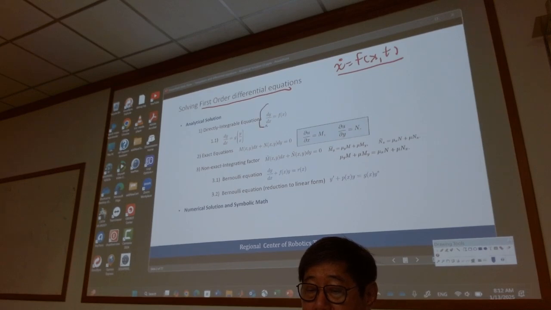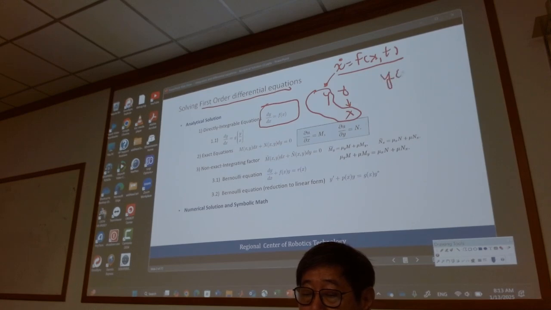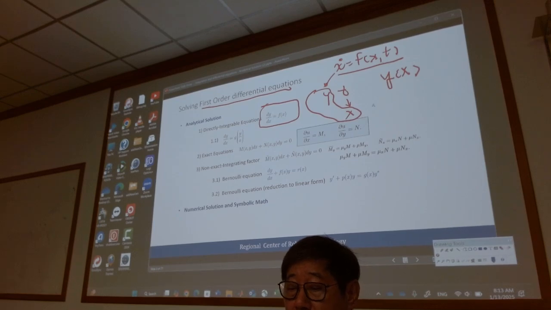Now you look at this one. I change x to y, and t to x. So you have y as a function of x instead. That's the general form that they use. In this case, the independent variable is x.